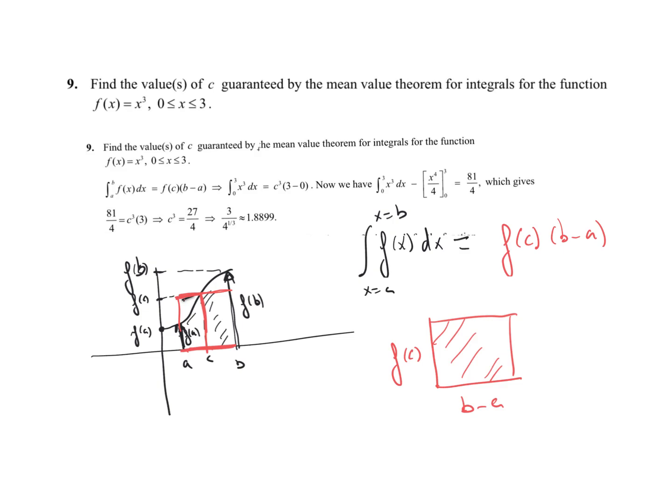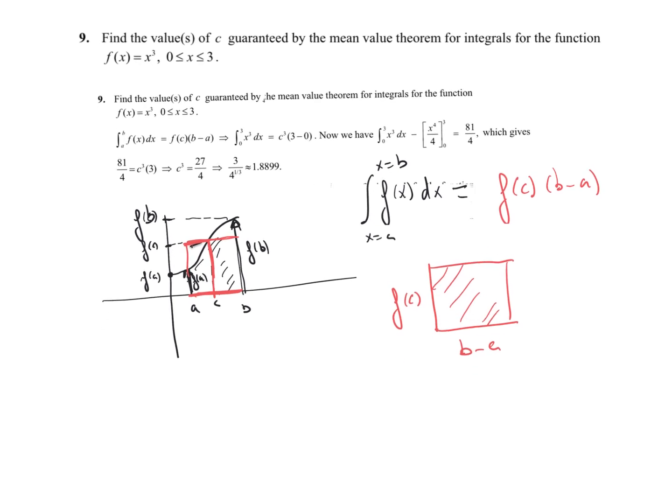So this is what the mean value theorem says, that there exists c such that f of c by b minus a is the total area between a and b. So the problem says, find the value c that is guaranteed for the integral. If you evaluate this between 0 and 3, find f of c. Let's go to find f of c.